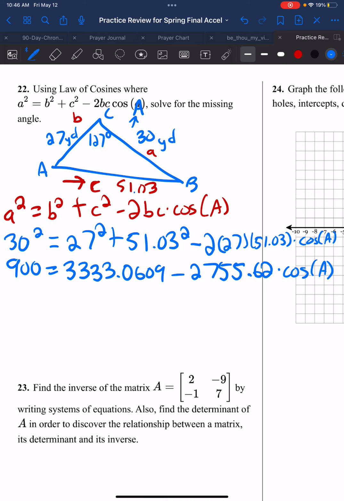So now I'm going to subtract over on this side.